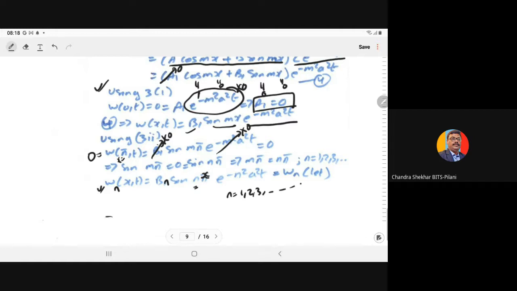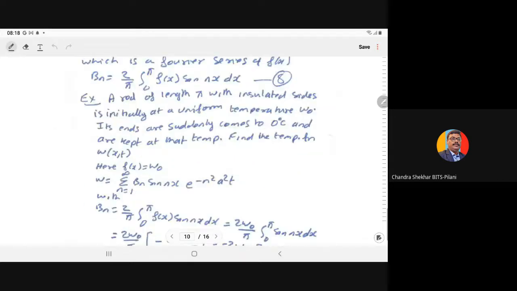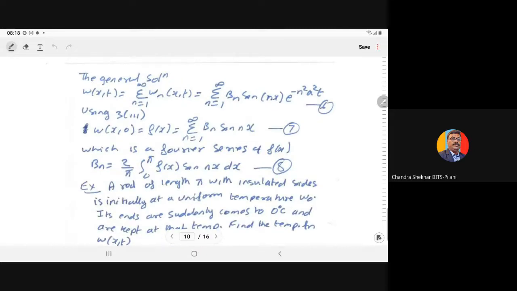The general solution is the sum of all solutions, n equal to 1 to infinity. So the general solution is w(x, t) equal to the summation n equal to 1 to infinity of wn(x, t), that is, the summation of bn sin nx e to the power minus n square a square t.